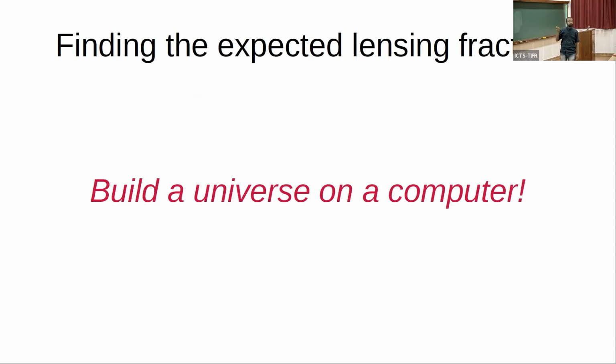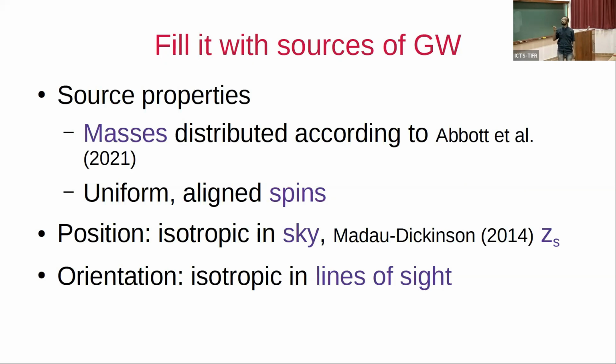How do we do that? We do it by building a universe on a computer. We fill it with sources of gravitational waves for which the properties are drawn from physically reasonable and also observed properties. For example, the masses of these binary sources are distributed according to the observed mass distribution from the LIGO-Virgo analysis.